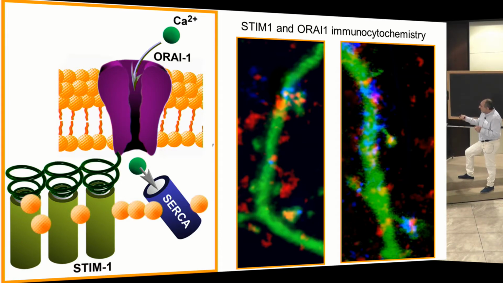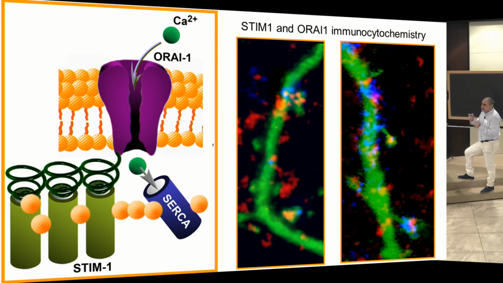So you can see that in some spines they are colocalized. STIM has a tendency to be in the dendrite, and ORAI has some tendency to be in spines, in some of them, not all of them. Small ones don't have it in this case, but for example, in this case there is definite colocalization of these two.